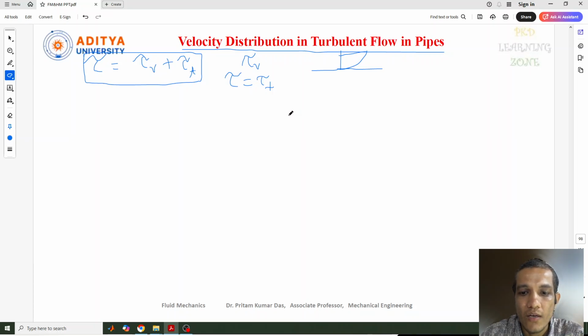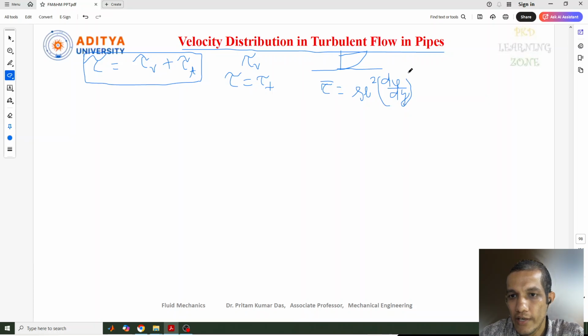In the previous lectures we got tau bar equal to rho L square times du by dy, whole squared. This equation was derived from the Prandtl mixing theory concept, and it is the turbulent shear stress.